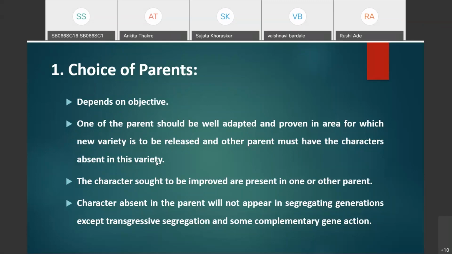Generally the selection of parents is carried out in such a way that one parent is a well adapted and proven variety in the area where the new variety is to be released, while the other parent should have the characters which are completely absent in the well proven variety.